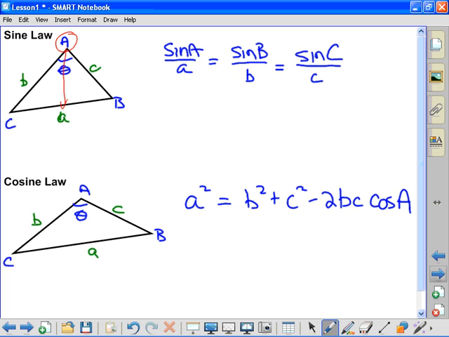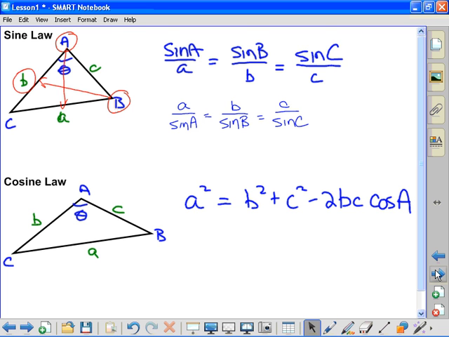So capital A, the side opposite it would be small a, capital B corresponds with small b. And that being said, here's your sine law. Now some of you will know the sine law upside down. It doesn't matter which way you know it, so you don't have to switch if you prefer it this way. Both are equally correct. One's not much better than the other.